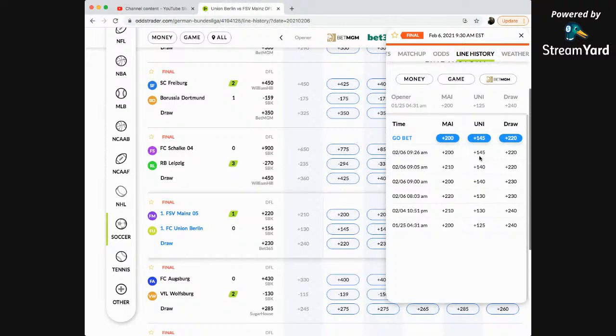But you can see, even using this strategy of understanding line movement, it would keep you from playing Union Berlin because the line moved against you. So the only consideration you would give if you were handicapping this game would be either the home team or the draw line. So even though it doesn't count for the test that I'm using, it would still help you in your handicapping.